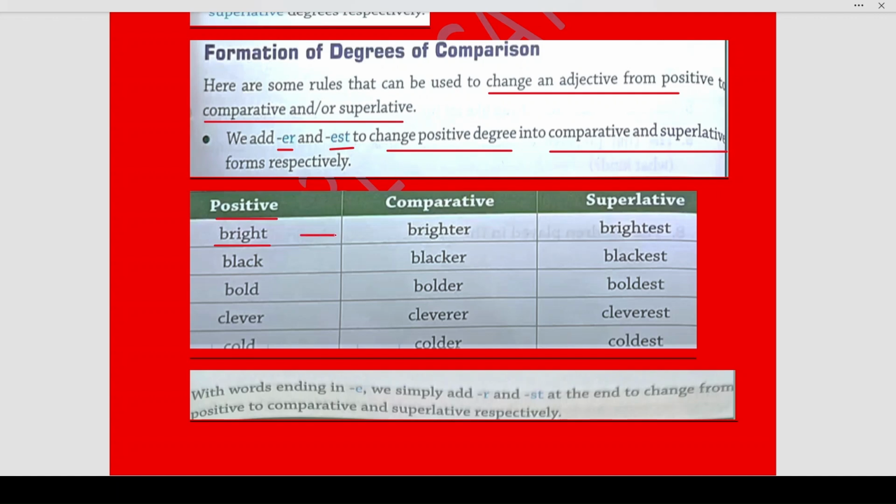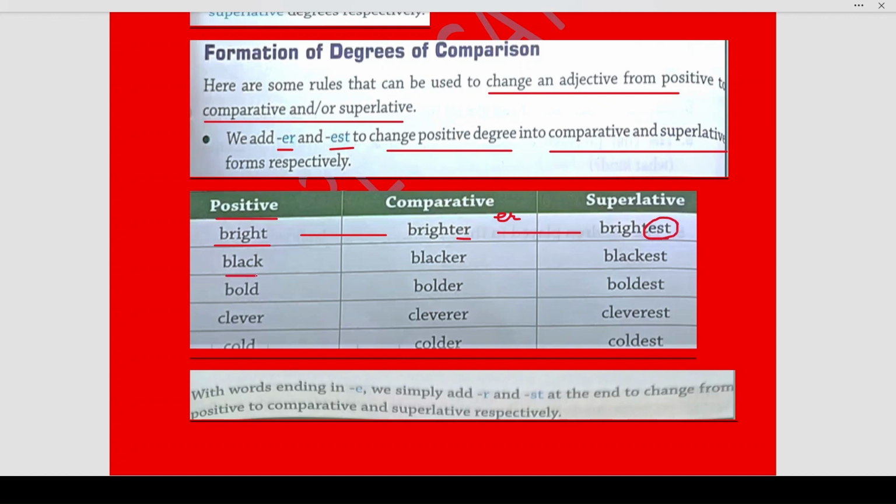To make it comparative, we will use er and make it brighter. To make brighter into superlative, we will add est to bright. Okay. So comparative we add er and superlative we add est. Okay. This is how you will remember.